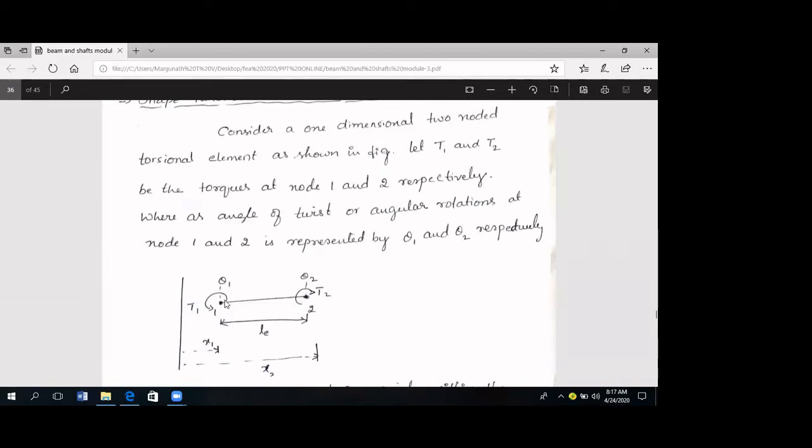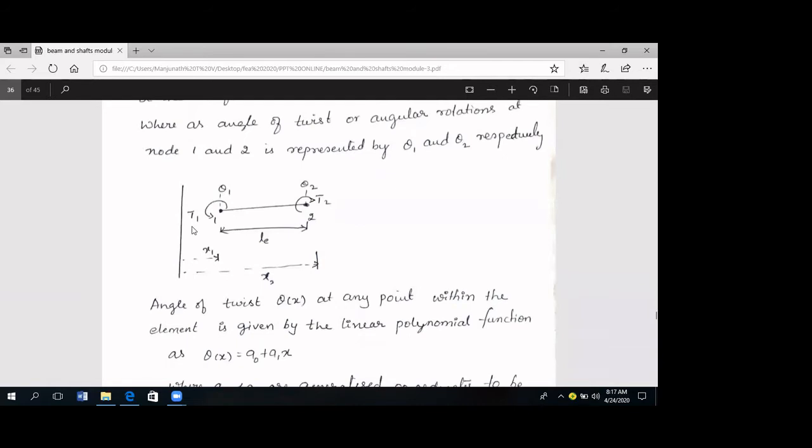At node 1 the torque applied is T1, at node 2 the torque applied is T2. Then theta 1 and theta 2 are the angles of twist, or the displacements that take place due to torque. At node 1 it is theta 1, at node 2 it is theta 2.